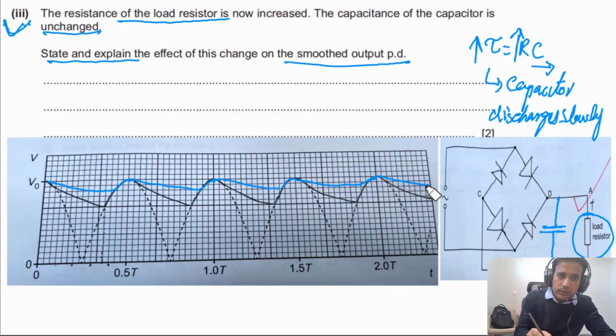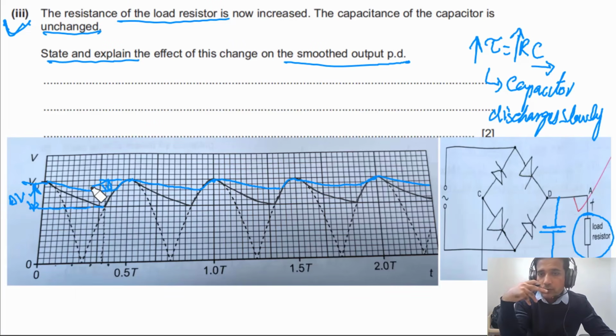So the ripples, you can see the variation in PD, it has decreased. First of all, variation in PD across the load resistor was this much. This was the delta V, but now it is just this much. So variations in ripple will decrease. Variation in PD decreasing means ripples will decrease.